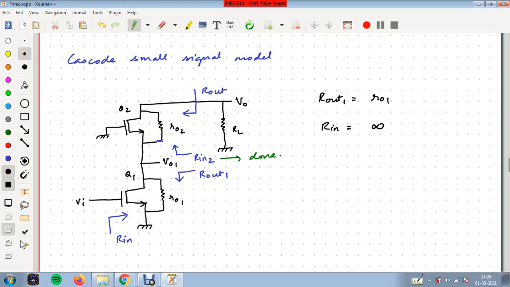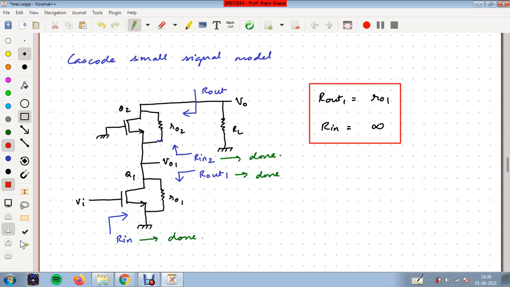So this is also done. Put it in a box. The only thing which is left is finding out Rout.